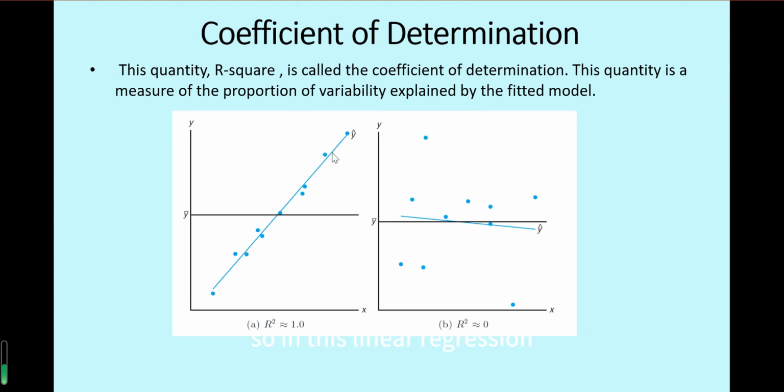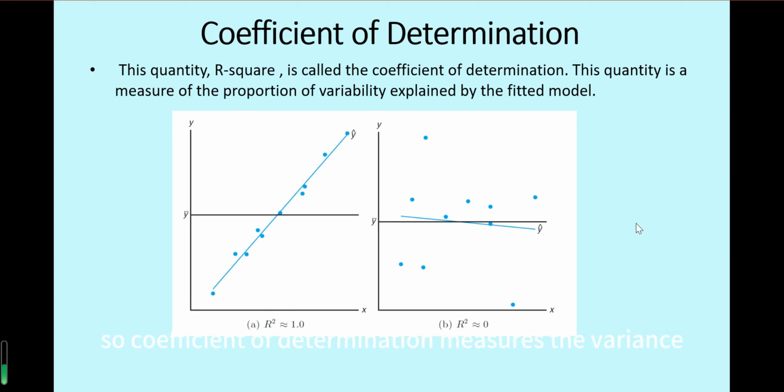In this linear regression, R-squared will be very large, almost close to 1, because you can see the error term is very small, the points are very close to the fitted line, which makes the error term very small. But on the other side, this figure shows a very low R-squared for the linear regression, because the points are very far from the fitted line, right?